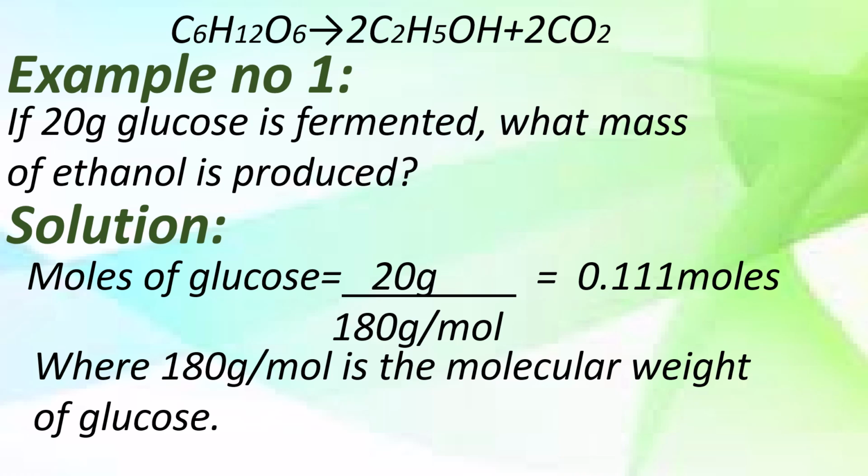Solution. First, we will calculate moles of glucose, that is 20 gram, the amount already given, divided by 180 gram per mole, which is the molecular weight of glucose. The moles of glucose are calculated to be 0.111 moles.